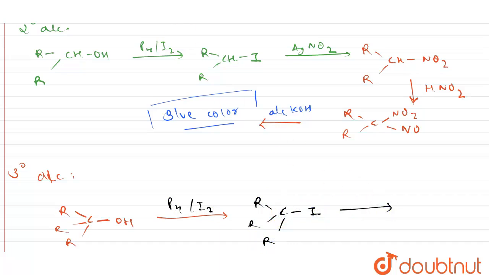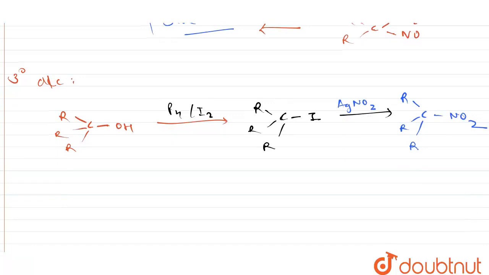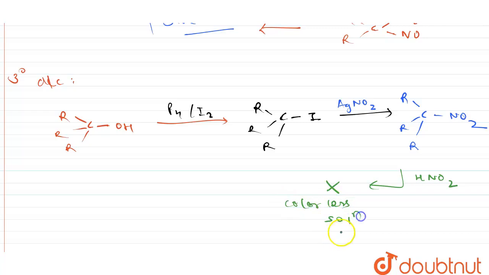This is further treated with AgNO2, so you are going to get the replacement of I with NO2. Now in the next step, if you treat this with HNO2, there is no reaction happening and hence we will have a colorless solution. This colorless solution will indicate that there is presence of tertiary alcohol.